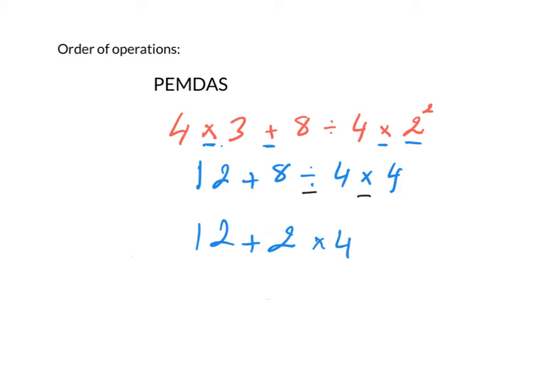Now the next step, I have addition and multiplication. Of course, the priority will be given to multiplication. Why? Because multiplication comes before addition, right? So it's going to be 12 plus 2 times 4 is 8. And the answer is 20.